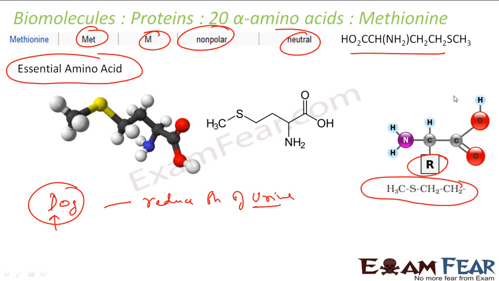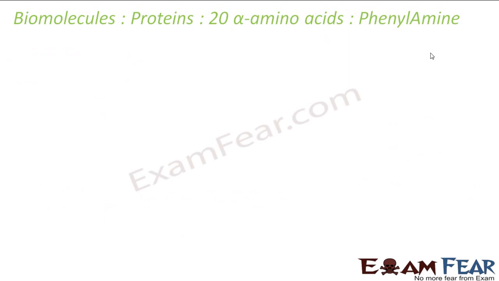And if you restrict the consumption of methionine, you can increase your lifespan. You can live long. But if you don't use methionine, you will die early. So it has to be a regulated quantity. Chemists have seen that a regulated quantity of methionine can impact your lifespan.